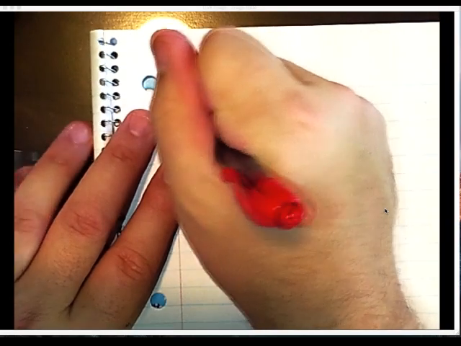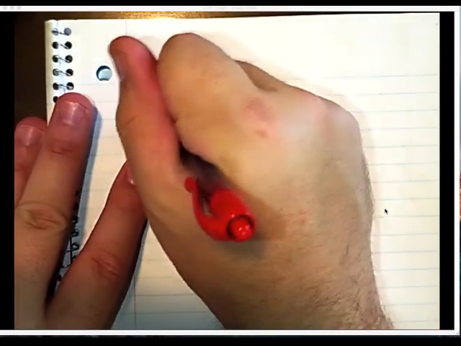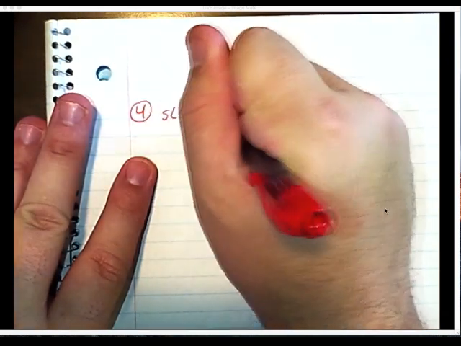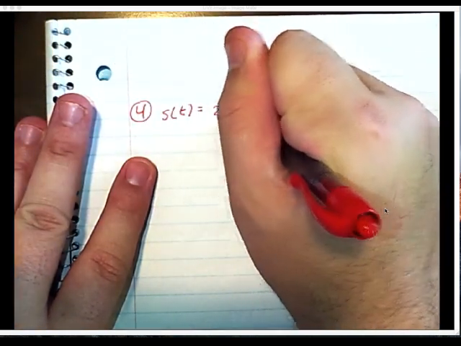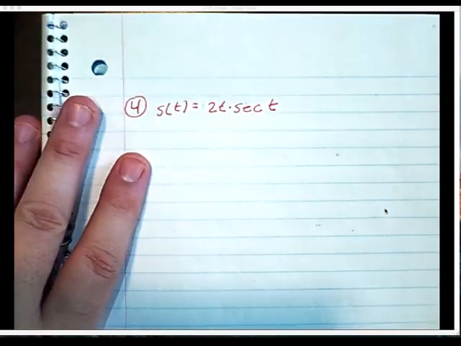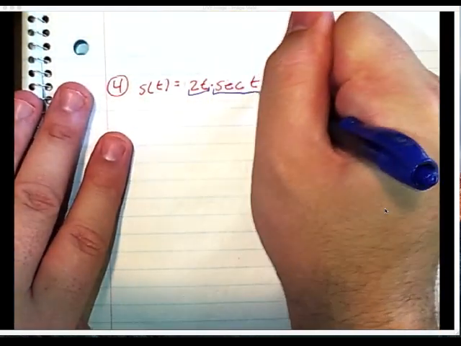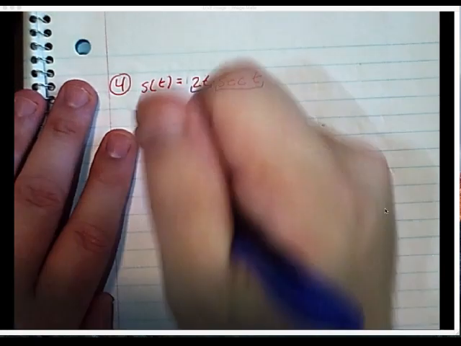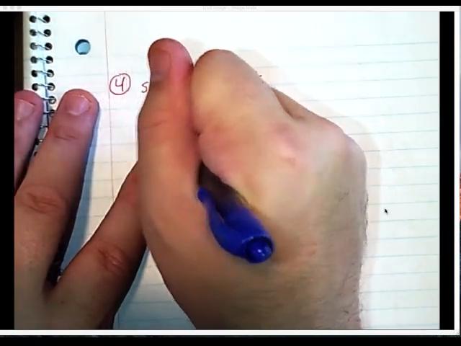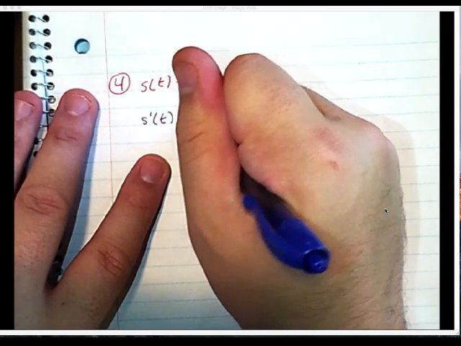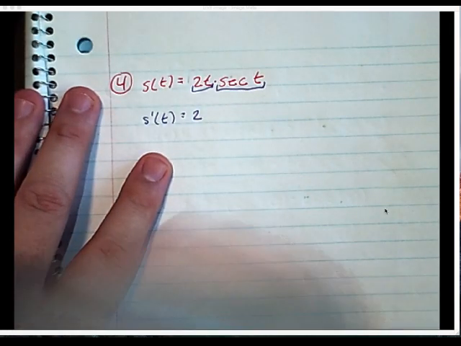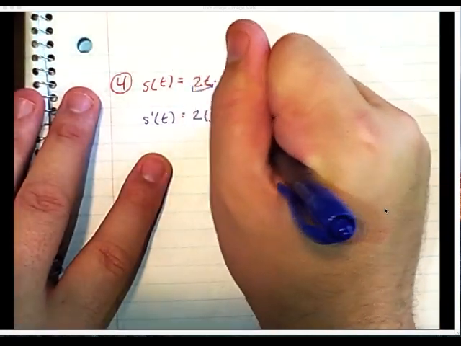Number 4, s of t equals 2t times the secant of t. You notice here s of t is a product. So we need to use the product rule to find the derivative. So s prime of t, the derivative of the first, 2, times the second, secant of t.